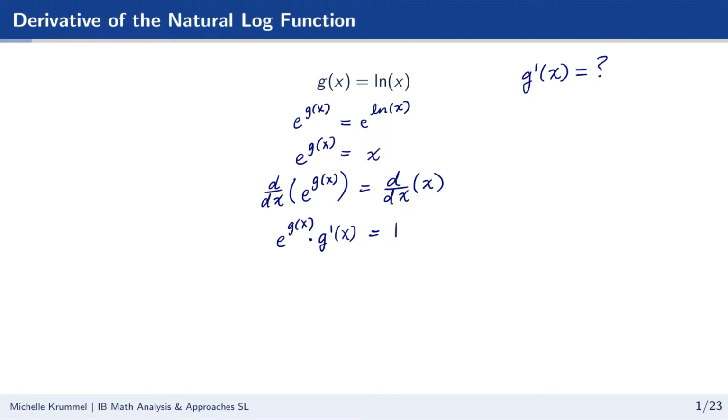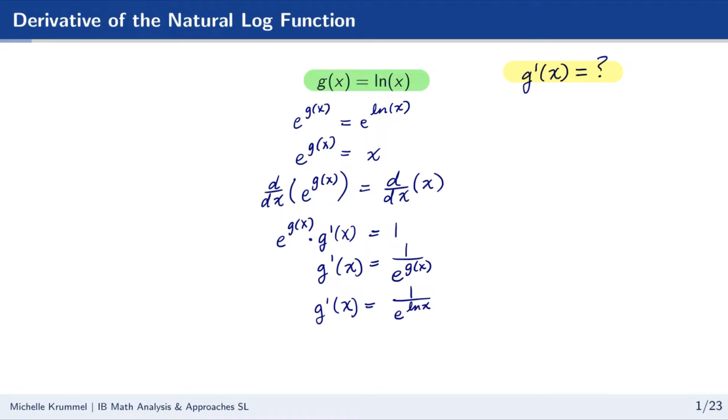Now remember the goal. We are trying to solve for g prime of x. So let's isolate that g prime of x on one side of the equation. So we have g prime of x equals, we're dividing both sides by e to the power g of x, so 1 over e to the power g of x. And we know that g of x is equal to ln x, so let's make that substitution. We will replace g of x with ln x.